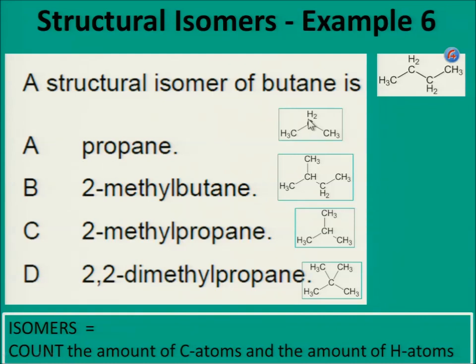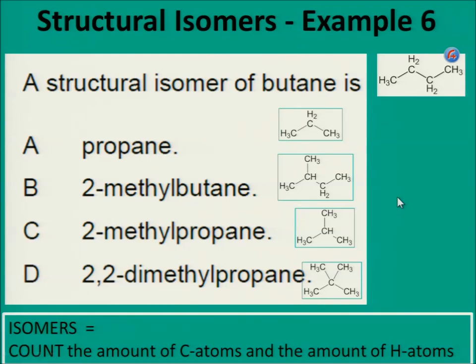Propane, 1, 2, 3. 2-methylbutane, 1, 2, 3, 4 with a methyl substituent. 2-methylpropane, 1, 2, 3 with a methyl substituent. 2,2-dimethylpropane, 1, 2, 3 carbons with 2 methyl substituents.